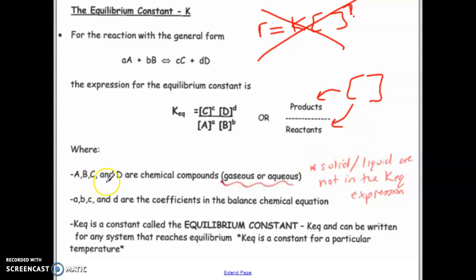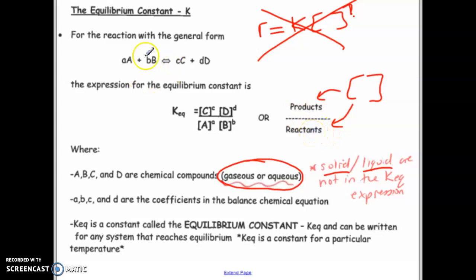Meaning, and it says this here as well, if you have a solid or a pure liquid, those cannot go into this K expression because we're dealing with equilibrium concentrations. If you have a pure substance, there's no concentration for a pure substance because it's not a solute in a solvent, right? So typically you're looking for gaseous and aqueous components to go into this expression.